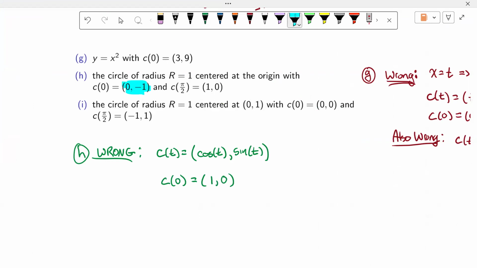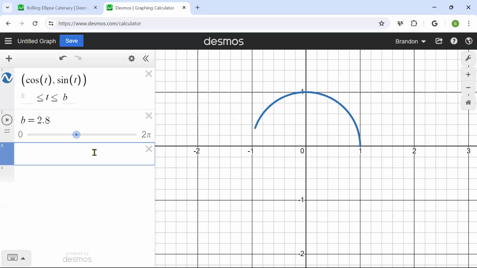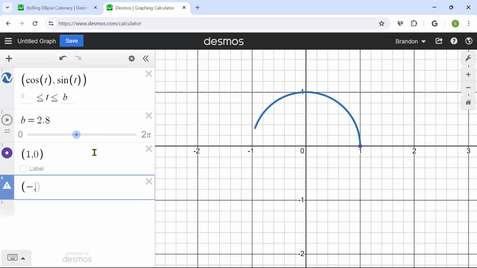I'm supposed to get 0, -1 where it starts. Okay, so here's our problem. We're starting at 1, 0 right there, and we really want to start at -1, 0. Or 0, -1. That's a real bummer right there.